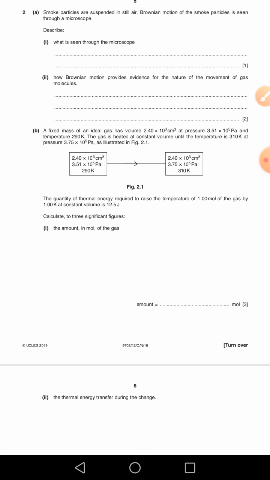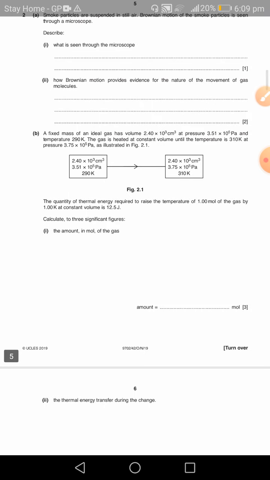Now it's a question of thermodynamics, I think. A fixed mass of ideal gas has volume 2.4 x 10^3 cm^3 at a pressure of 3.51 x 10^5 Pascal and a temperature of 290 Kelvin. The gas is heated at constant volume until the temperature is 310 Kelvin at a pressure of 3.75 x 10^5 Pascal.